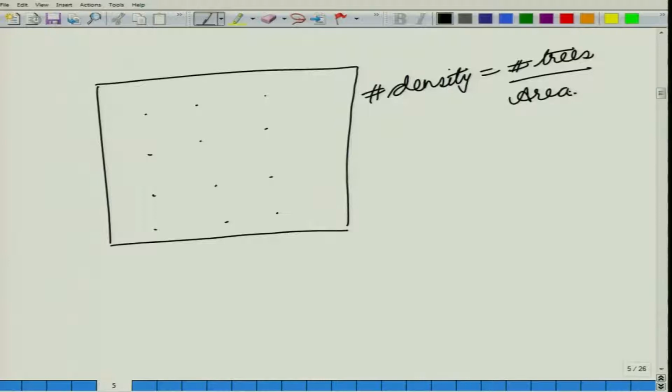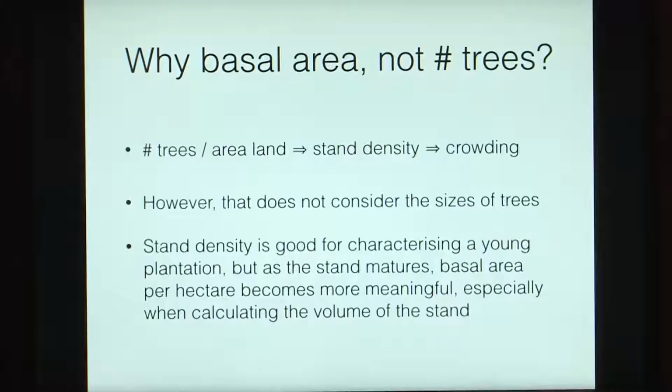Now, we could use this number density, but then why are we going for the basal area density, which is given by the sum of the basal areas of all the trees divided by the area? So, why do we go for the basal area and not for the number of trees? So, now coming back to the slides.